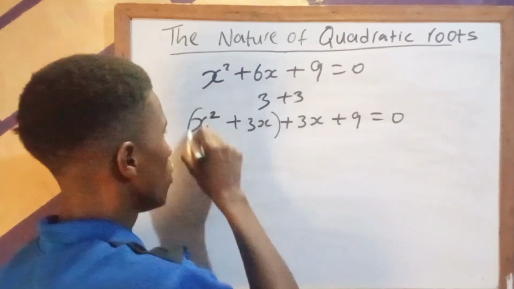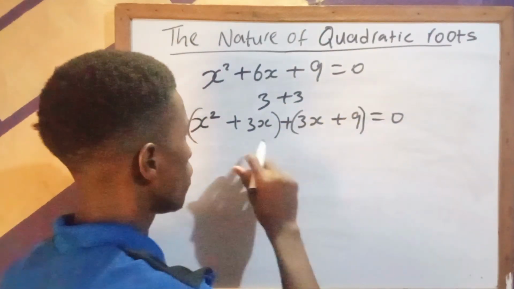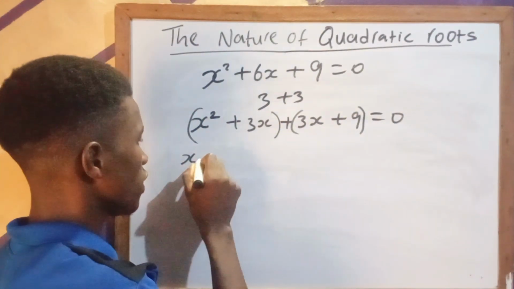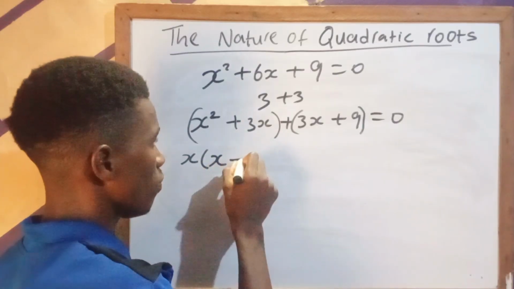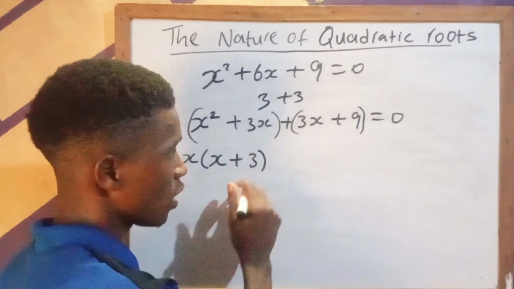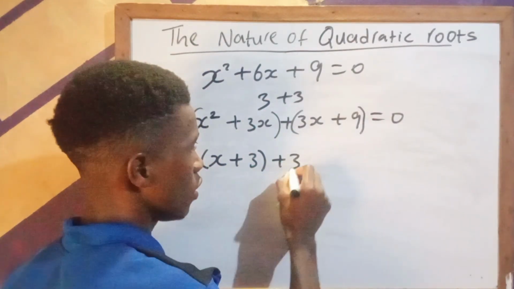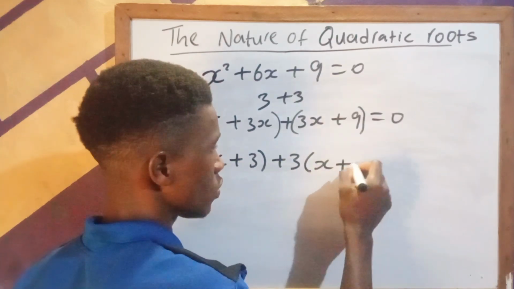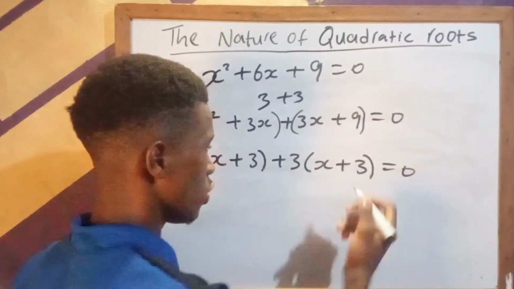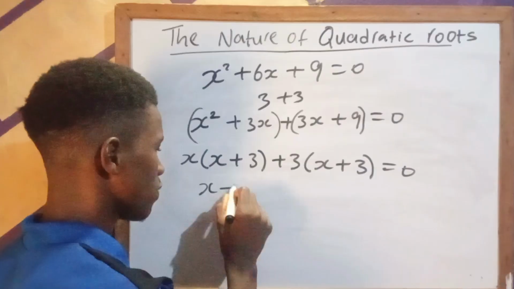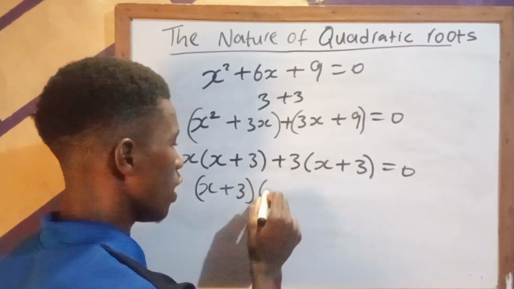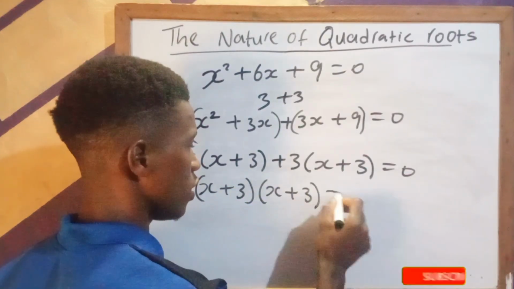So we bring out x from the first two terms and we have x plus 3. From the last two terms the common value is 3; we bring out 3 and we have x plus 3. So it's already showing up: x plus 3 times x plus 3 equal to 0.